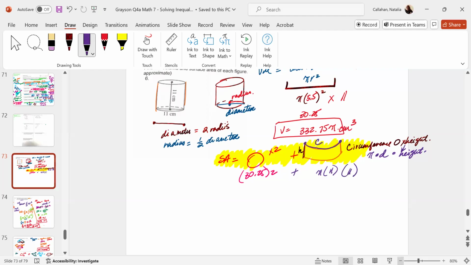There you go. 30.25 times 2 plus that. That's your surface area. I don't even need the formula because you just break down the faces or the surfaces, and that's what you have. Centimeters squared.